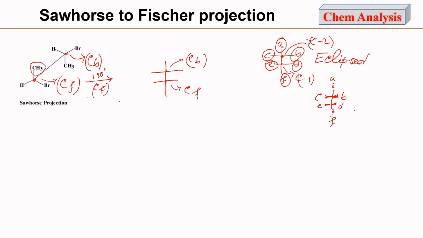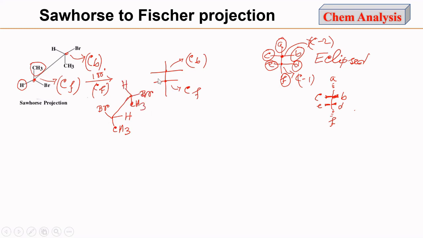After 180 degree rotation, the Sawhorse formula will be converted in this way: the methyl group will be below the plane, the hydrogen atom which is on the left side will go to the right side, and the bromine atom which is on the right side will go to the left side, and the back carbon remains as it is.